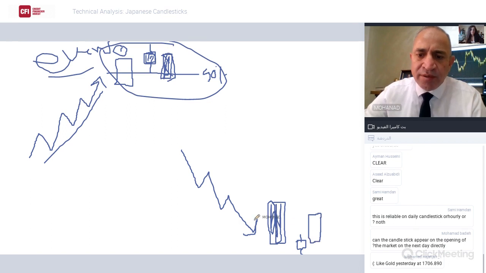It must close higher than at least 50% of the height of the black candlestick. This is called the morning star.